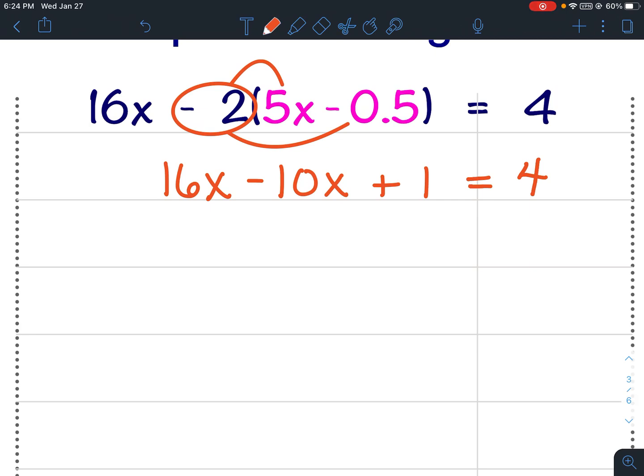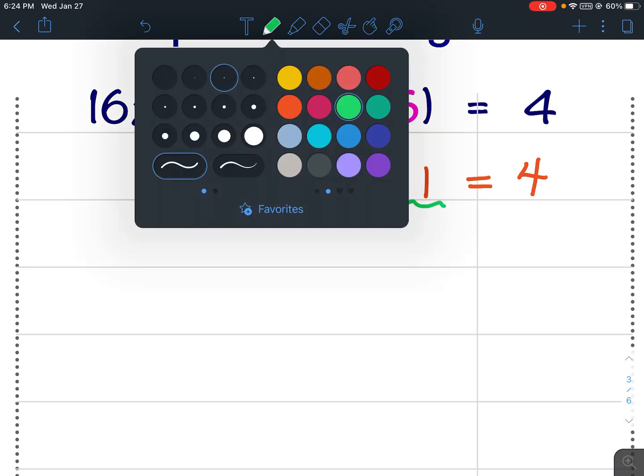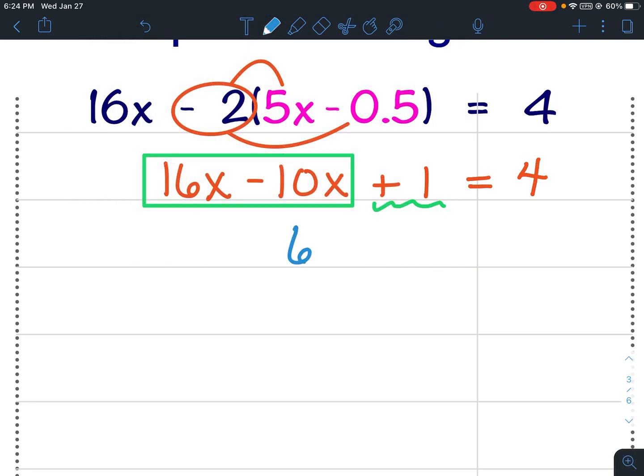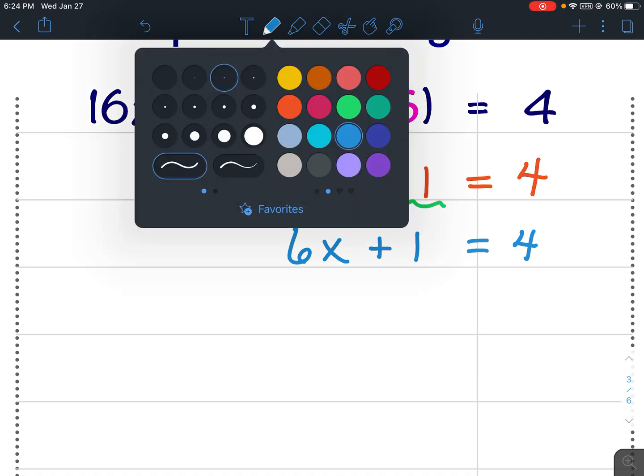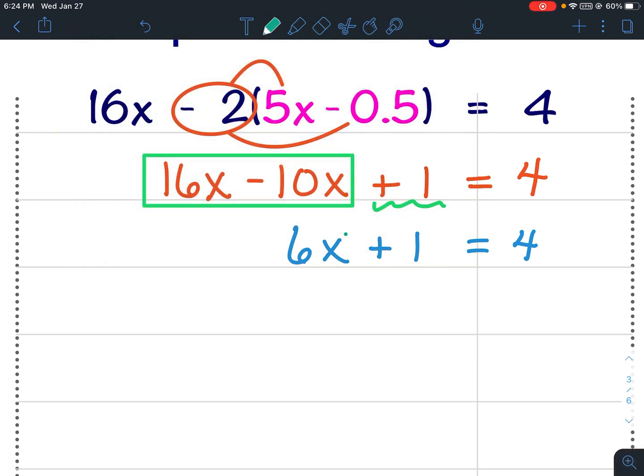All right. Next, combine like terms. 16x minus 10x would give me 6x. So I've got 6x plus 1 equals 4. And now this is a two-step equation. I've got one variable term on the left, so I need to take my constant term to the right.